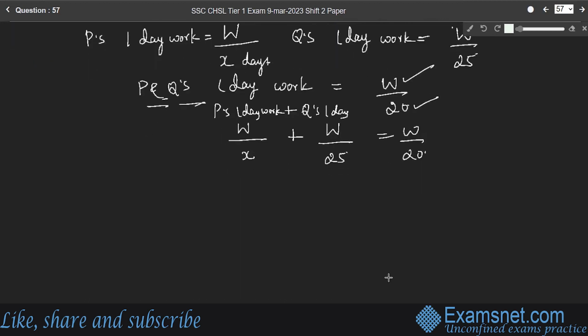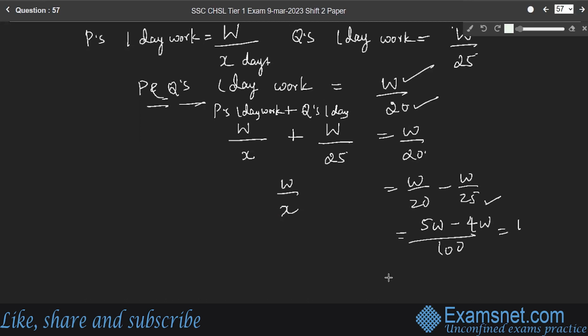Therefore, P's one day work, W by X, is equal to W by 20 minus W by 25. Here 100 is the LCM. So 20 into 5 is 100, therefore the numerator becomes 5W. 25 into 4 is 100, therefore the numerator becomes 4W. Therefore, W by 100 is equal to W by X.